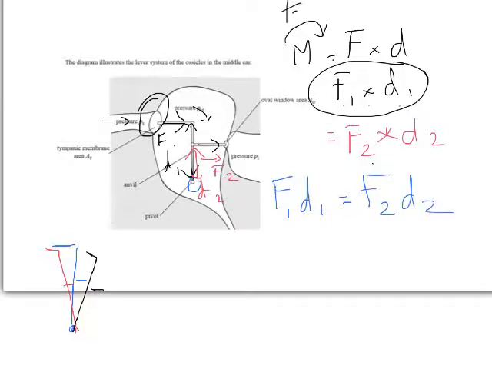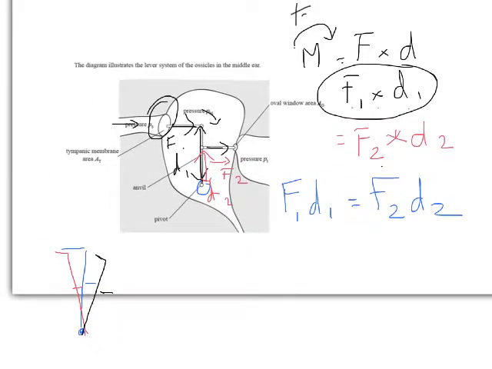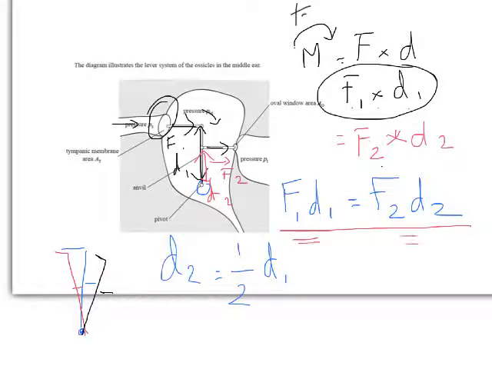Now let's see what happens if we consider the distances. We'll assume, just to make things simple, that D2 equals half of D1. Now, what has to maintain itself is that this side equals that side.